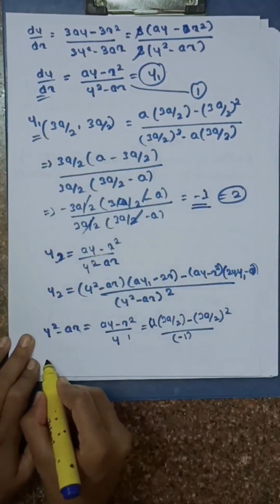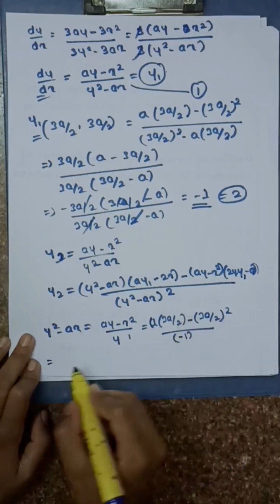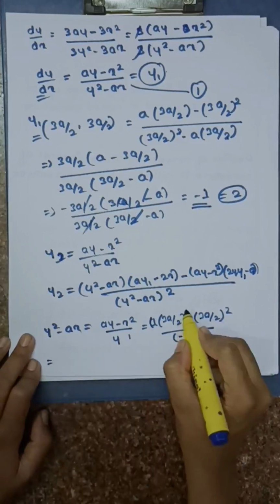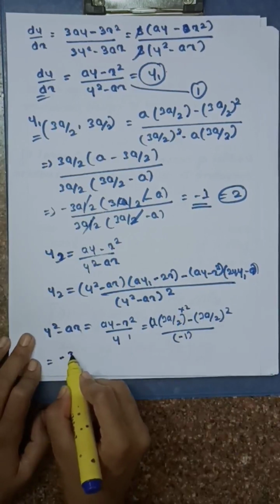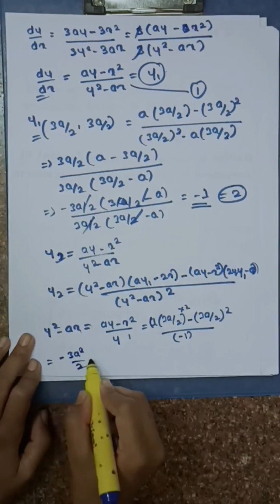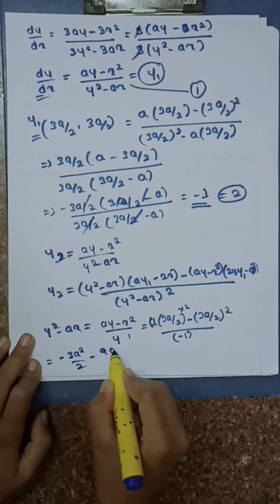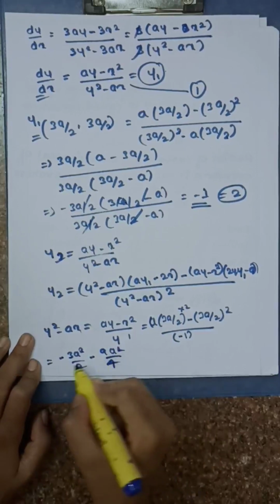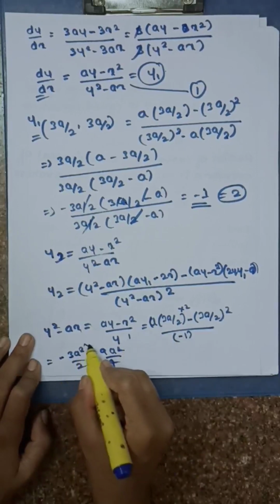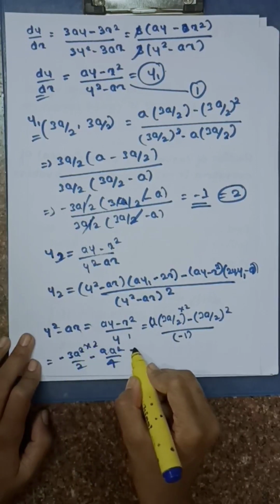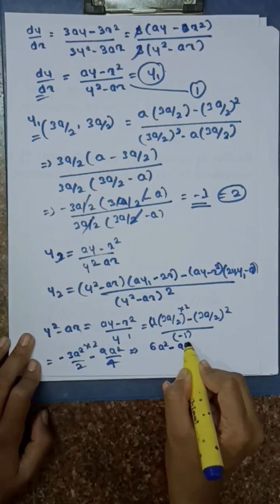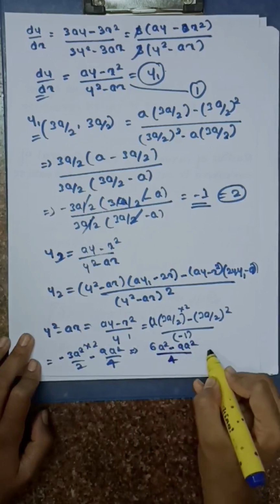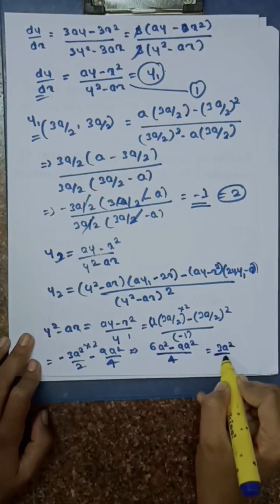Then next, multiplying this into 2, minus 3a square by 2 minus 9a square by 4. Okay, this minus I have taken here. This now I will multiply by 2. That is 6a square minus 9a square by 4. That is 3a square by 4.